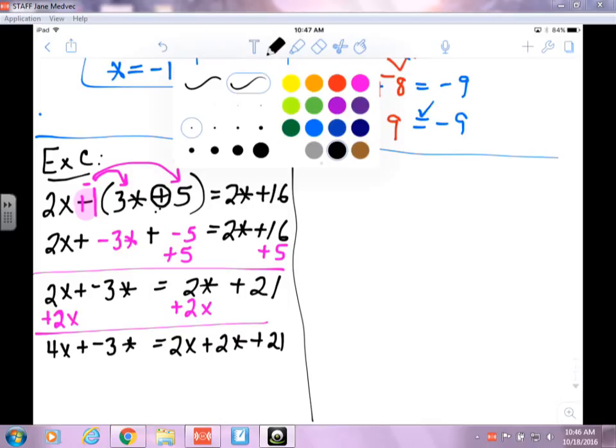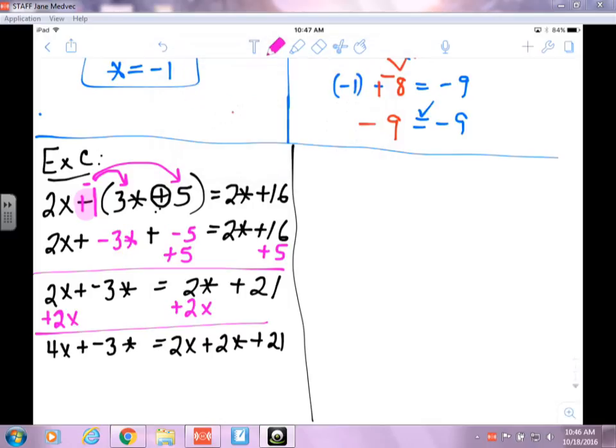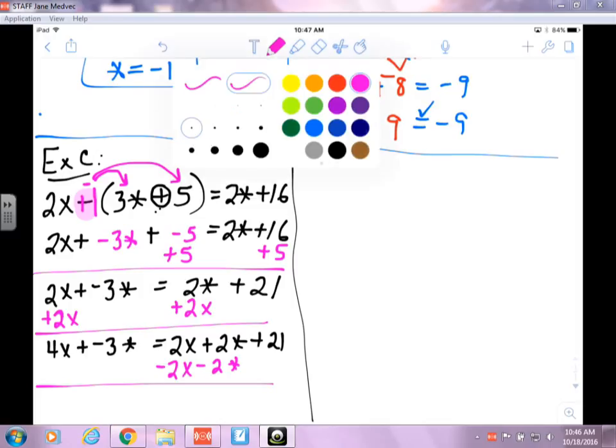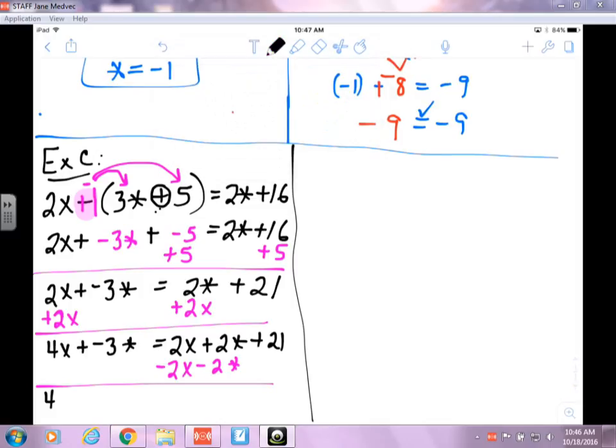Now again, what was I doing? I was trying to get rid of that 2 star. So now I'm going to explode those because they're on the same side. I got 4x plus negative 3 star equals 21.